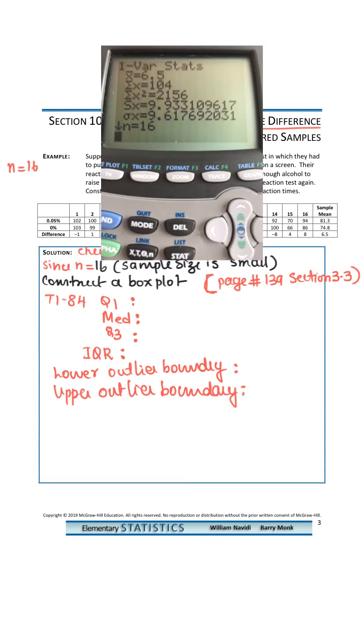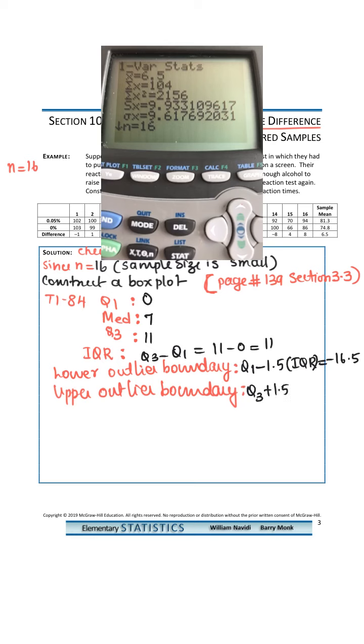We can use that in future for this problem. I'm going to copy down all the information from the calculator. Lower outlier boundary is Q1 minus 1.5 IQR, that is negative 16.5, and upper outlier boundary is Q3 plus 1.5 IQR, that is 27.5. So now we can graph this.